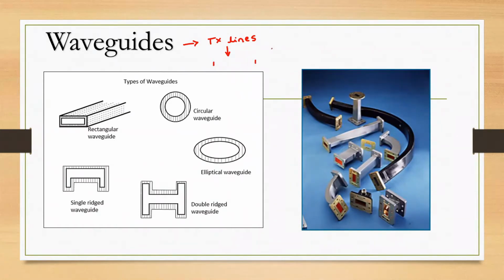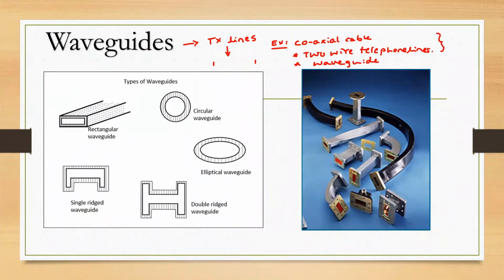Examples of transmission lines are coaxial cables, two-wire telephone lines, and likewise waveguides. What is the difference between coaxial cable, two-wire telephone lines and waveguide?